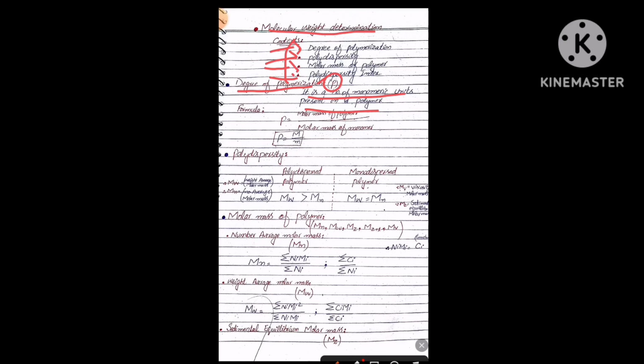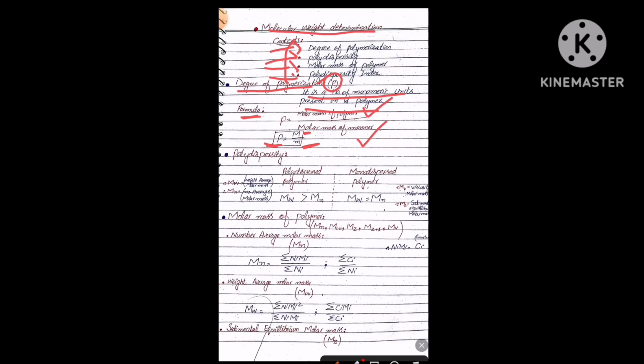The formula is the ratio of the molar mass of polymer over the molar mass of monomer: the degree of polymerization, capital P, is equal to capital M over small m. Capital M is the molar mass of the polymer while small m is the molar mass of the monomer.